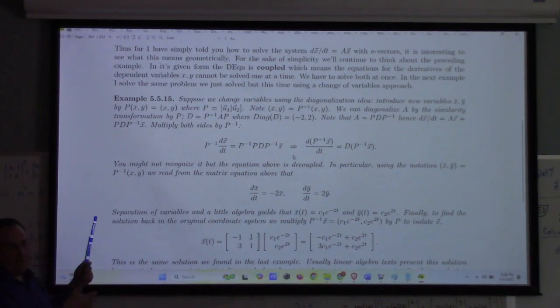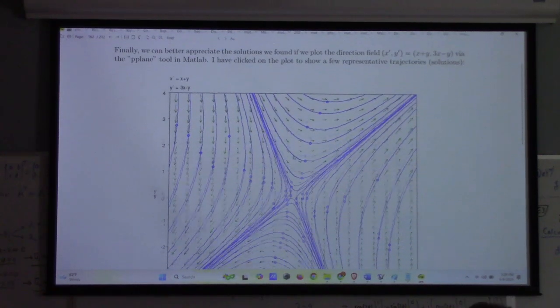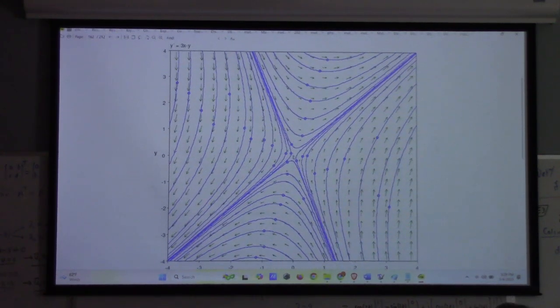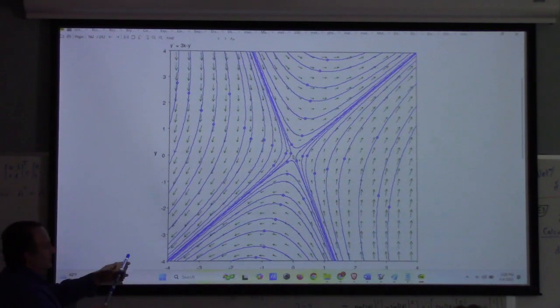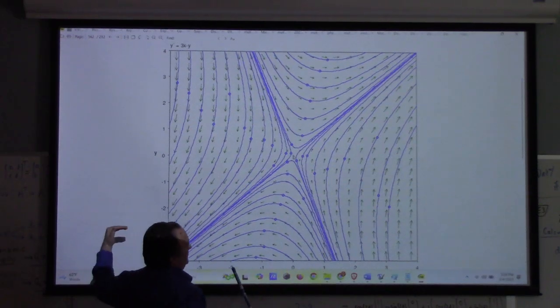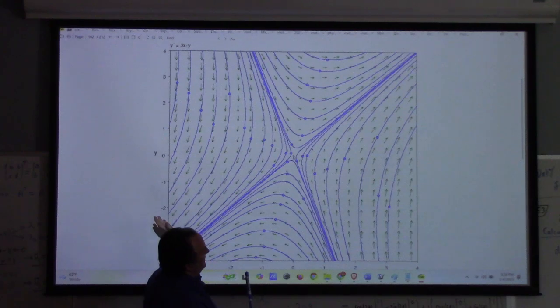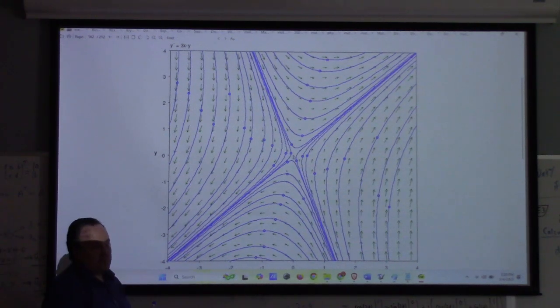In that system of coordinates, it's uncoupled, and it's easy to see how to solve because we can just solve those separately by separation of variables. If you look at what the solutions look like, you can see what's going on. These are actually the eigenvector directions. The solutions either get pulled into the one eigenvector direction or the other, and the eigenvectors tell you everything about the geometry of the solution set.